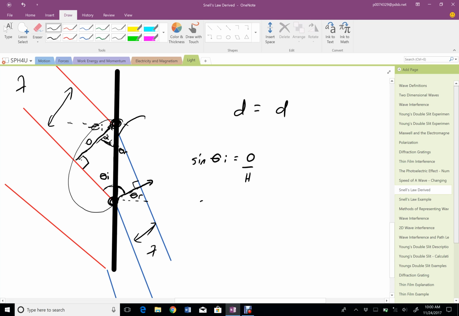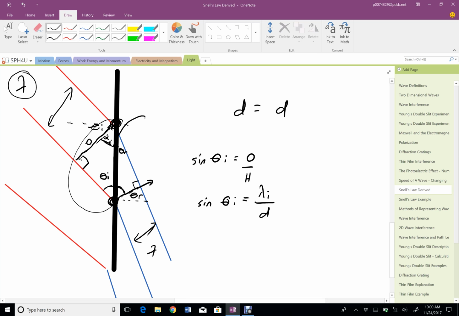The hypotenuse we call d, because it is common between the two triangles. And this opposite side is the distance between successive crests, which earlier I said was the wavelength. I should be careful here: this is the wavelength in the incident medium.